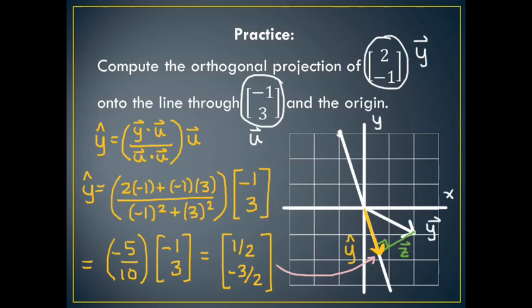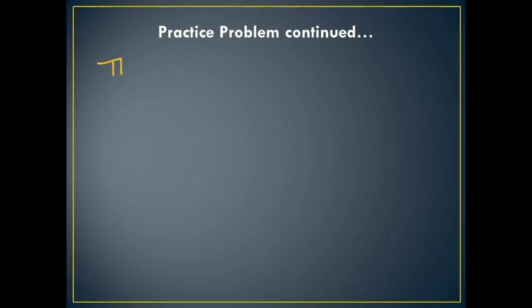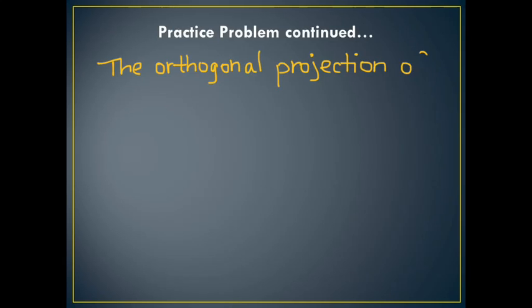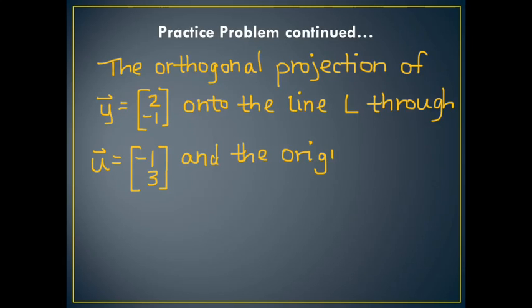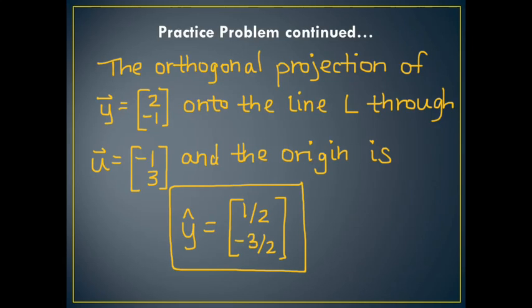I do want to go ahead and talk about what you would do if you wanted to find z as well. So we've finished the practice problem. We found the orthogonal projection. But now we have the orthogonal projection of y onto the line through negative 1, 3 and the origin. And it's 1/2, negative 3/2.